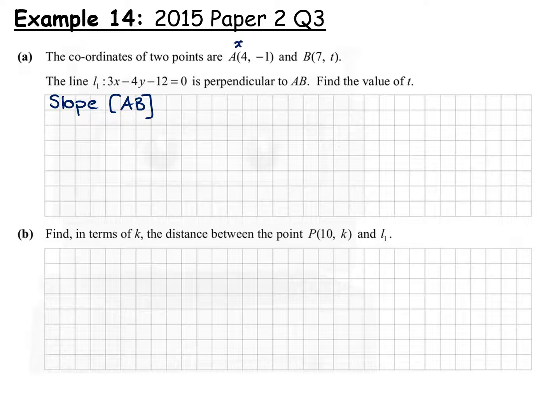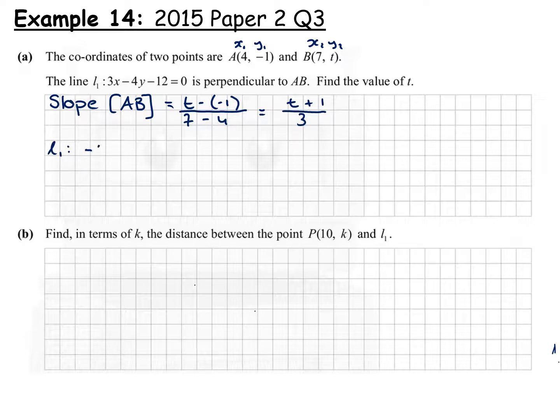So that's x1, y1, x2, y2. The formula is y2 minus y1 over x2 minus x1. We can clean that up a little bit, so that's t plus 1 over 3.